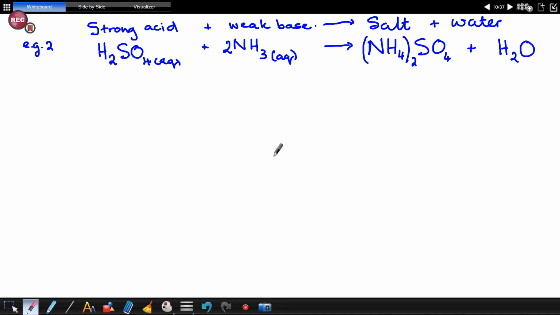Okay, can we balance this reaction equation? Yes, we can. What must we do to balance it? We've got 10 hydrogens on the right, so we need to do something here to balance it.